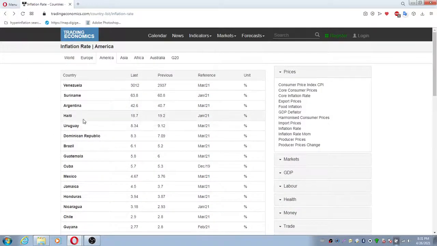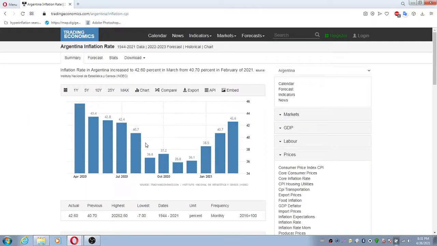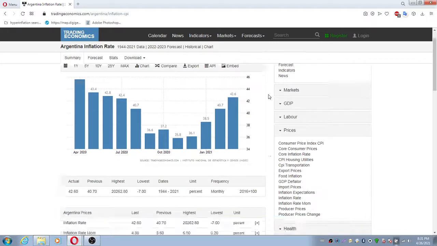This Argentinian rate then is 42%, and that would be an annualized rate. They would take the monthly rate and annualize it, so that if all months were the same as March, then the reported inflation rate or consumer price index rate would be 42%.